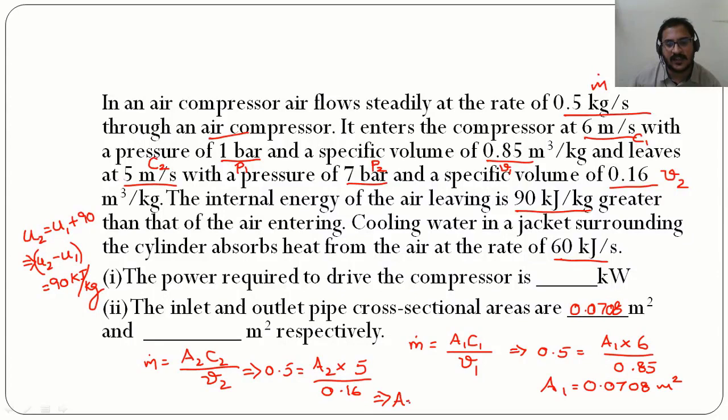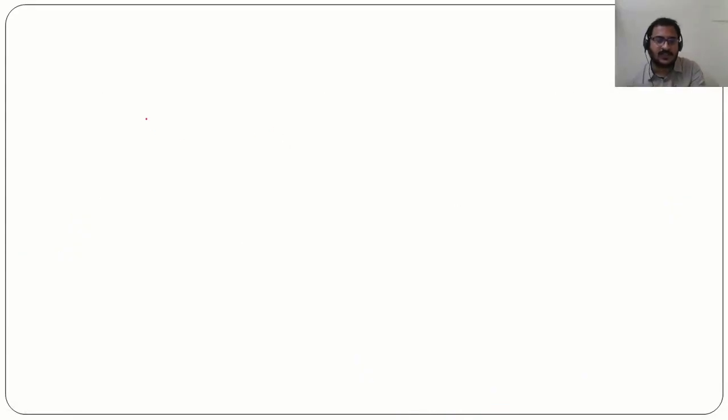So from this A2 value you are going to get 0.016 meter square. Sorry, here 0.016 meter square. This is A2. Now here air compressor is the device.